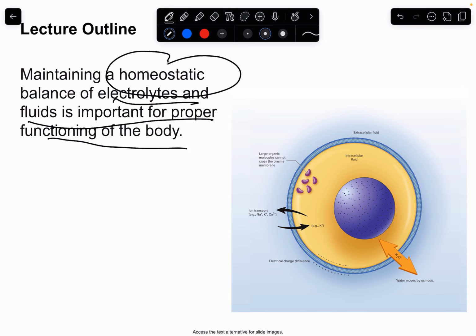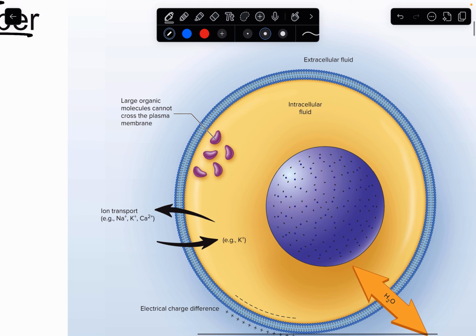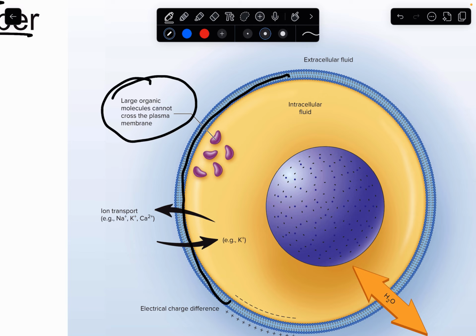When you look at cells, what do you see? A plasma membrane around it. It's a selectively permeable membrane. It allows certain things to go in and out. Larger molecules cannot pass through the plasma membrane, but ions like sodium, potassium, calcium will go in and out.